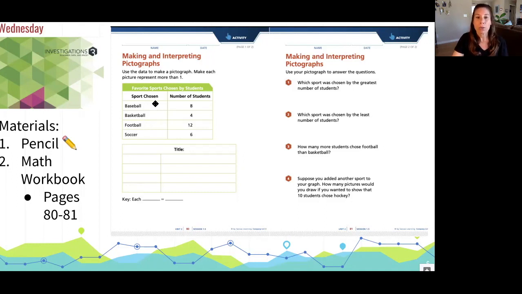Okay, so looks like we have favorite sports chosen by students, and here is kind of like our tally chart, but there's no tallies here. This is just a chart of the data that you're going to put in the pictograph down here. So we have baseball, basketball, football, and soccer. You're going to have to put the title here. Then you're going to have to put the categories here. Then you're going to put your pictures that you have put in your key right here with the number of votes.